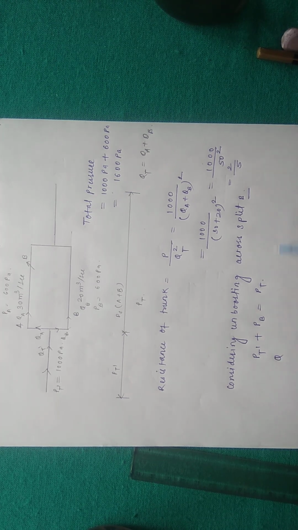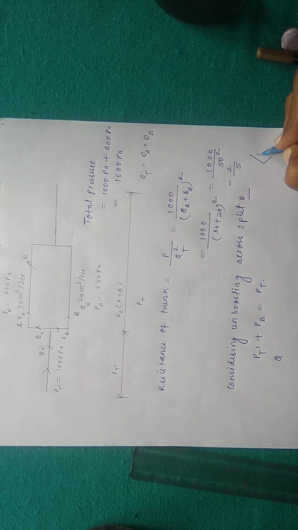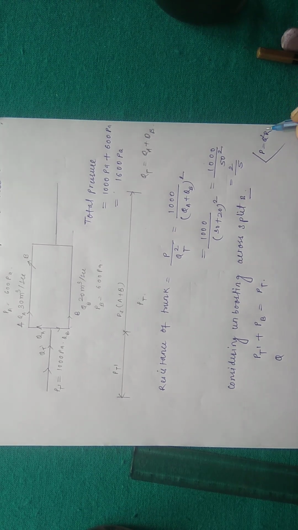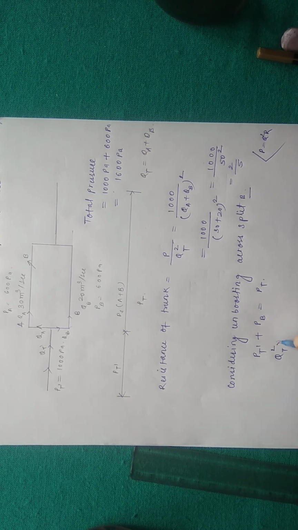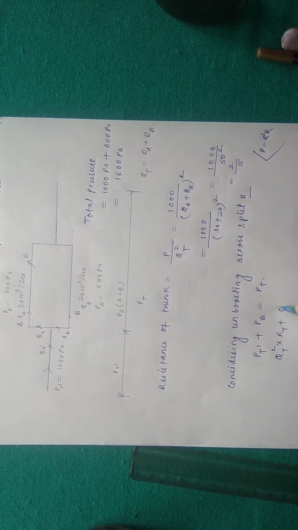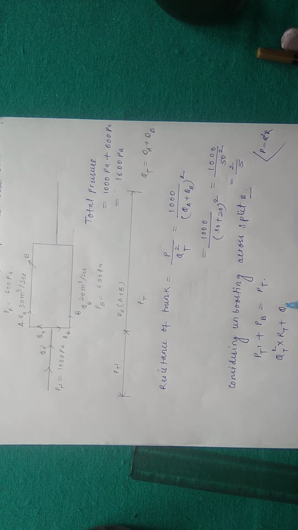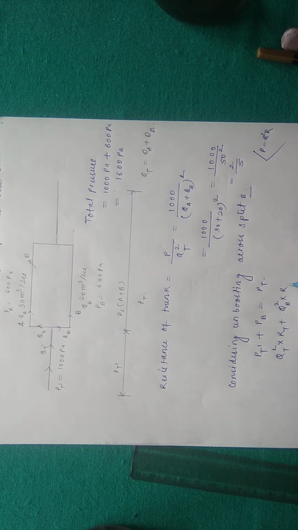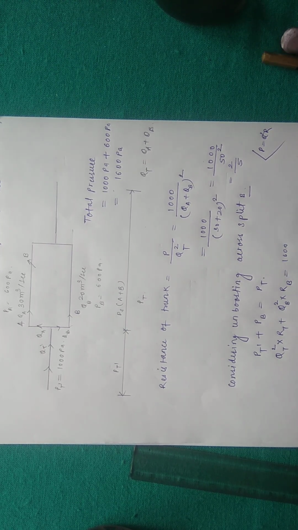Now P is equal to Q square R. We can use the quantity of trunk squared into the resistance of trunk plus the quantity of split B squared into the resistance of split B, that is equal to 1600.